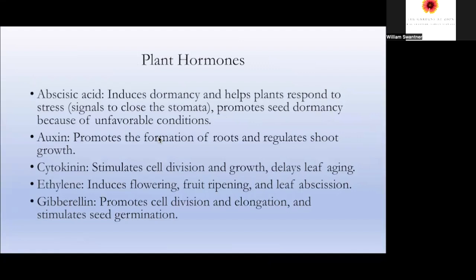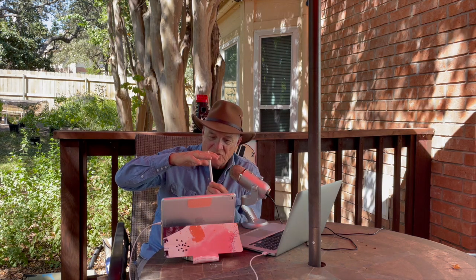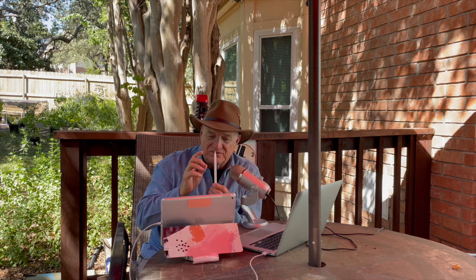auxin. Auxin promotes the formation of roots and regulates shoot growth. We had that in one of the previous videos where you have a limb, and the tip of the limb is apical or apical dominance, and it controls the rest of the limb. If this is removed, then all of a sudden you have a lot of shoots coming out.